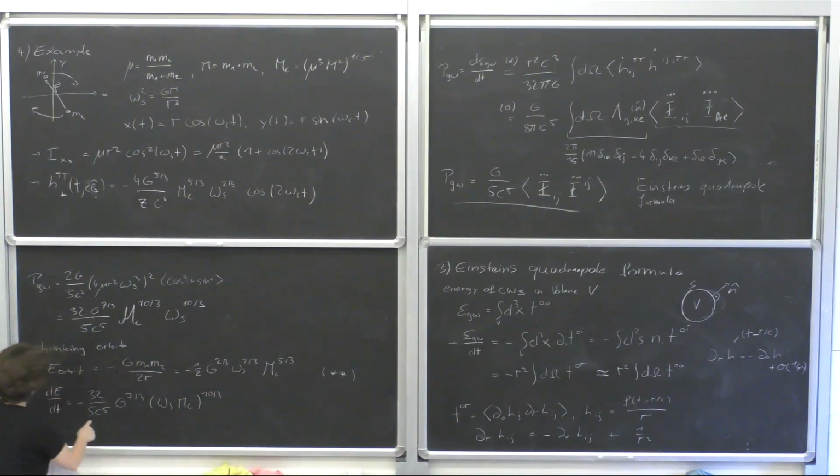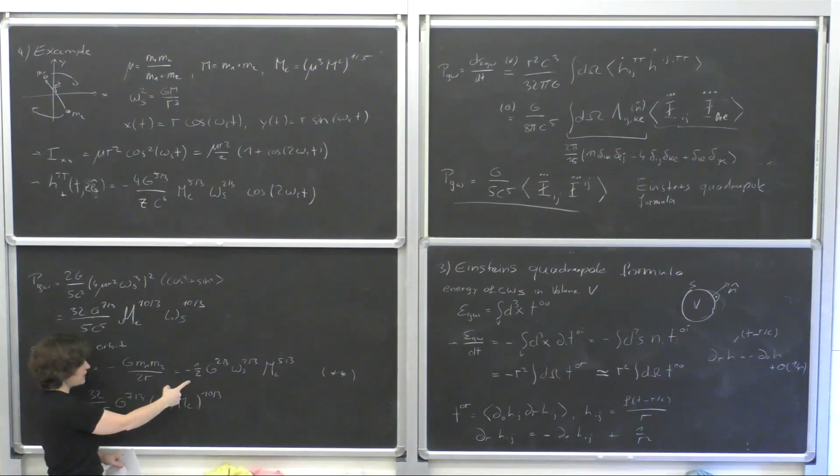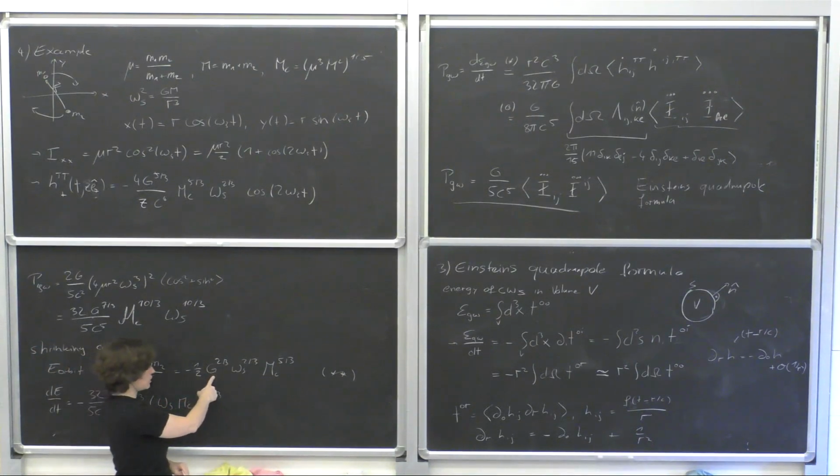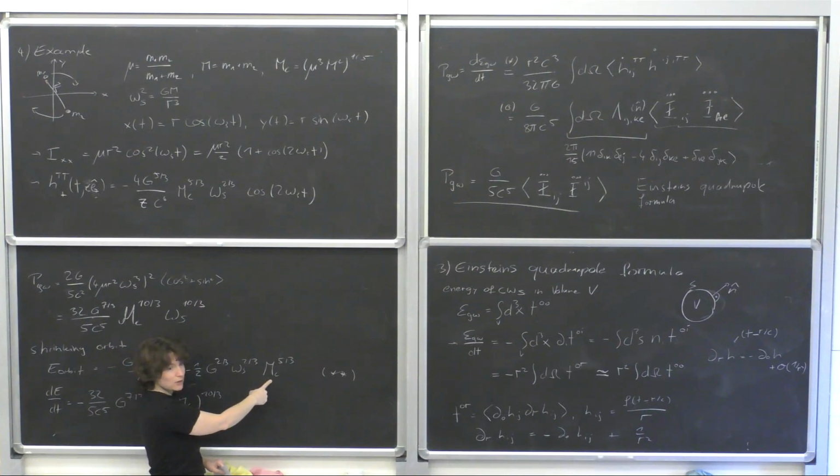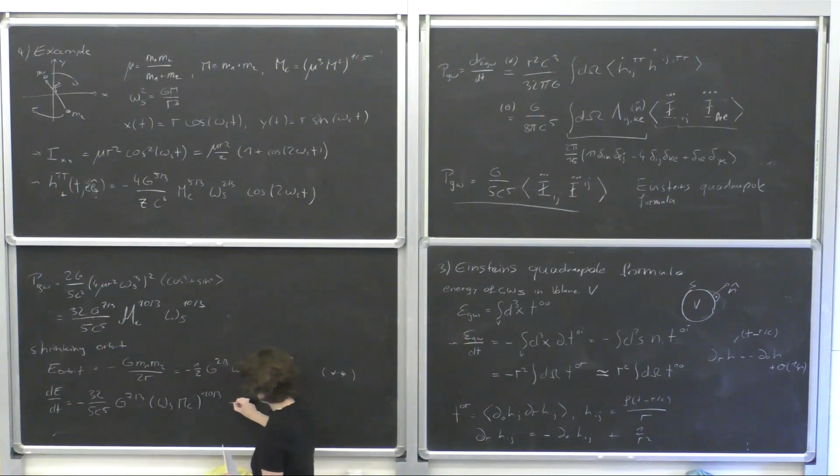But this also has to be equal to simply taking the time derivative of this. When I take the time derivative, Newton's constant is not going to change, the mass of the black holes is not going to change, but what is going to change is the frequency.